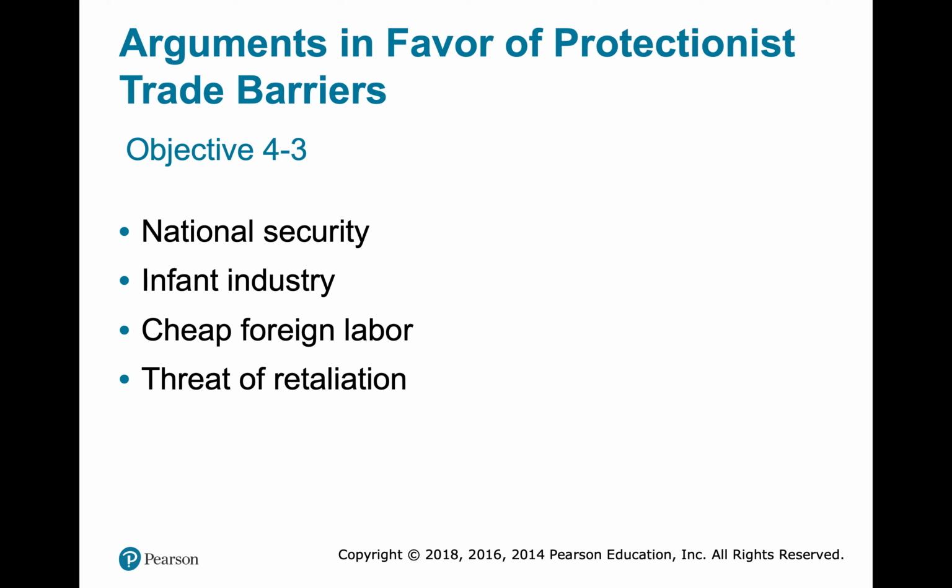That argument says that if a trading partner increases its trade barriers on your exports or fails to reduce trade barriers as you reduce yours, then there is an uneven, unfair playing field.